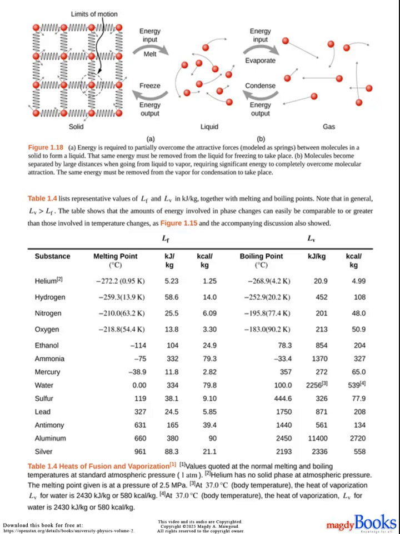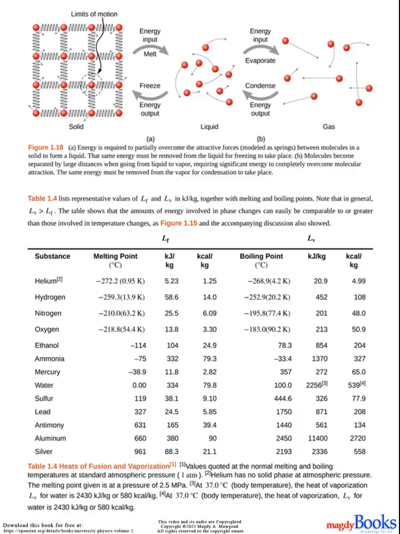Water. Melting point, 0 degrees Celsius. 334 kilojoules per kilogram, or 79.8 kilocalorie per kilogram. Boiling point, 100 degrees Celsius. 2256 kilojoules per kilogram, or 539 kilocalorie per kilogram. Sulfur.